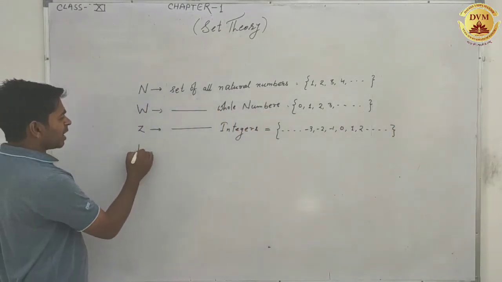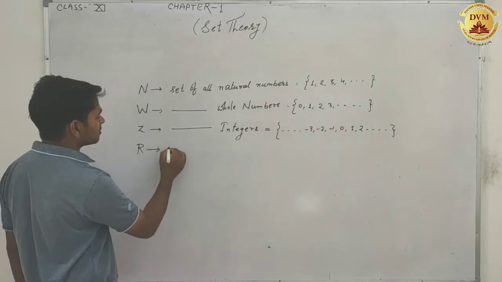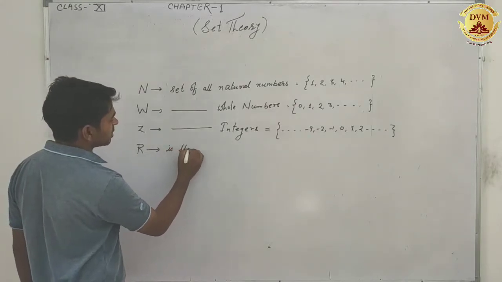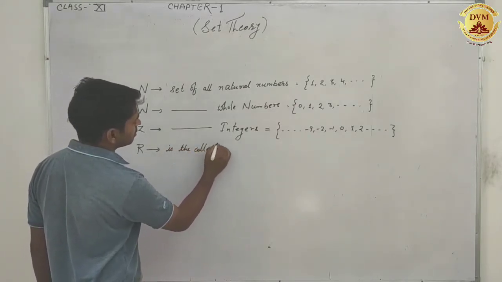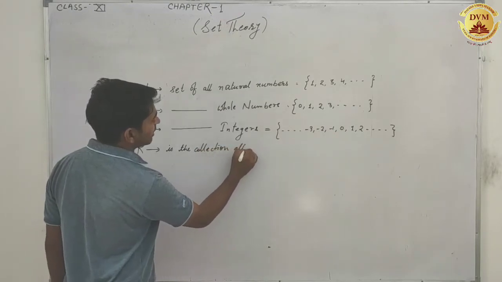And capital R is the collection of all real numbers.